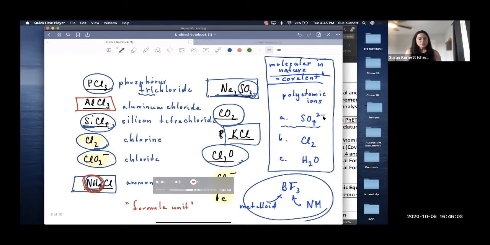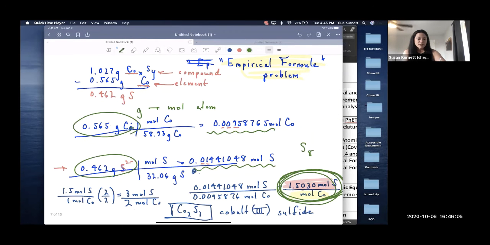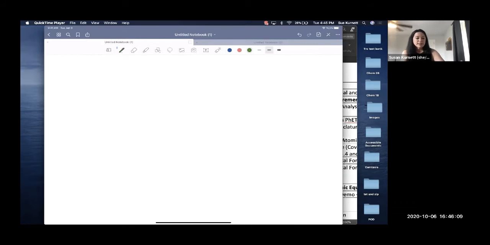The other idea this week is percent compositions. For percent composition, we're just looking at some compound that has more than one element. And we could say, well, how much of one kind of element is in the whole? And we would come up with a ratio.